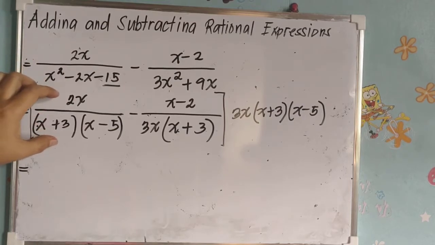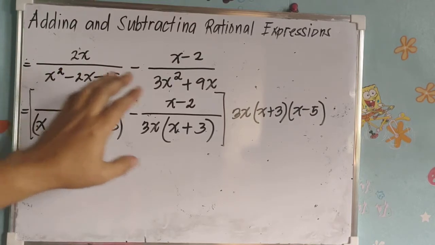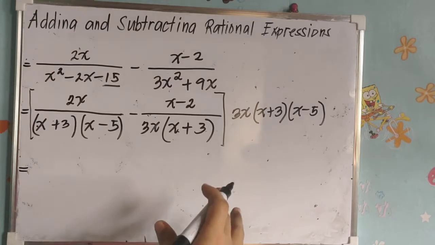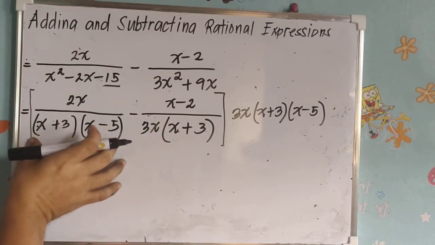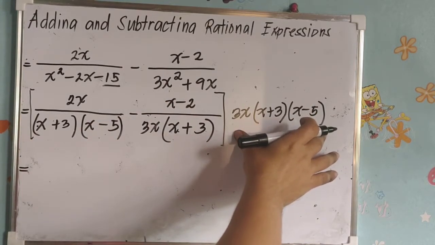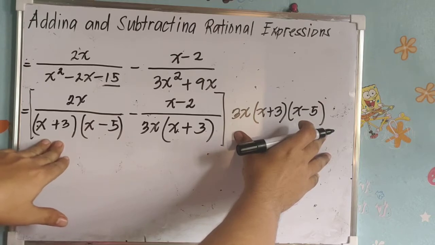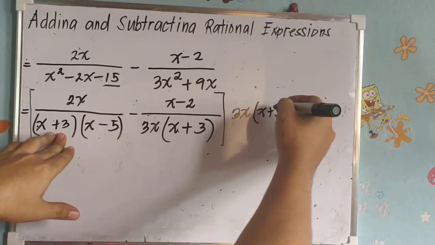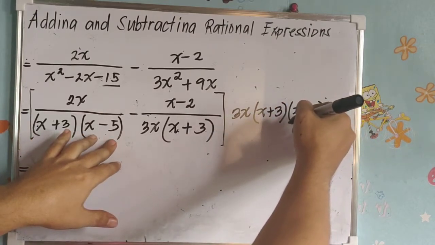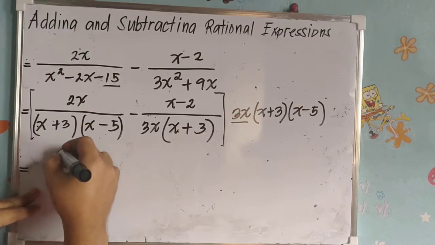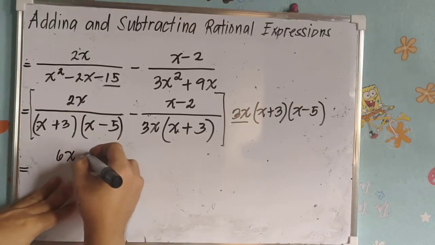And multiply each rational algebraic expression to our LCD. So 2x over the quantity x plus 3 times the quantity x minus 5 times our LCD. So let's look at the common factors that will be cancelled out. So x plus 3 here will be cancelled out, x minus 5 will be cancelled out. Remaining factor is 3x times 2x, so we have 6x.